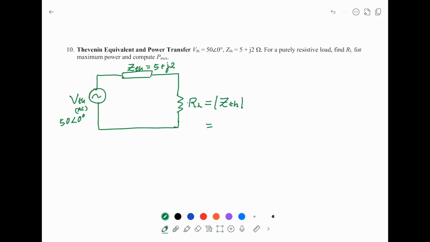It means if this is equal to the square root of 5 squared plus 2 squared ohm, which is 5.39 ohm, there will be a maximum transfer of power.